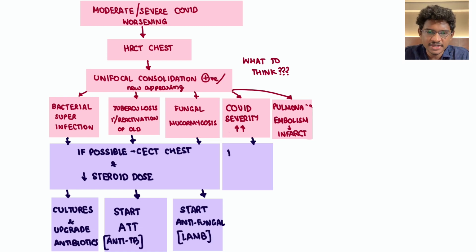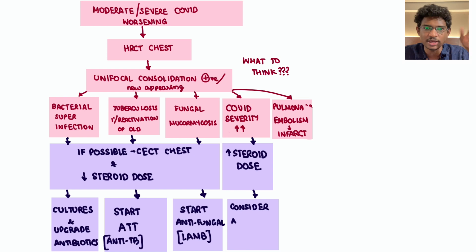Next, if it is due to increasing COVID severity, then you should up-titrate the dose of steroids. So it's exactly opposite to each other. And you can consider anti-interleukin 6 therapy, all those advanced therapies.